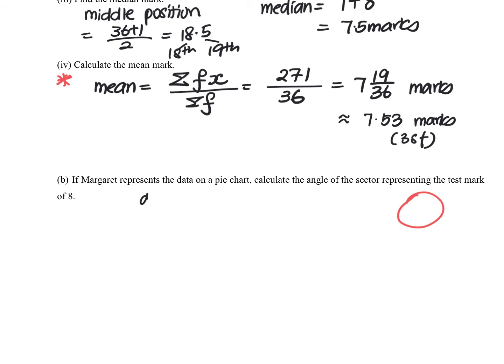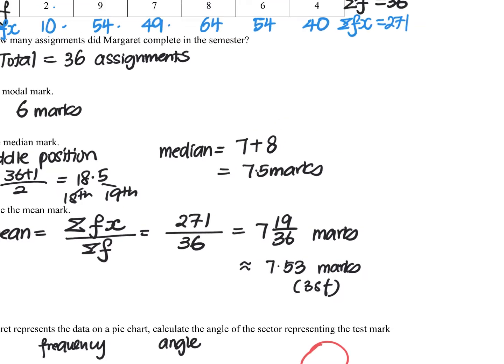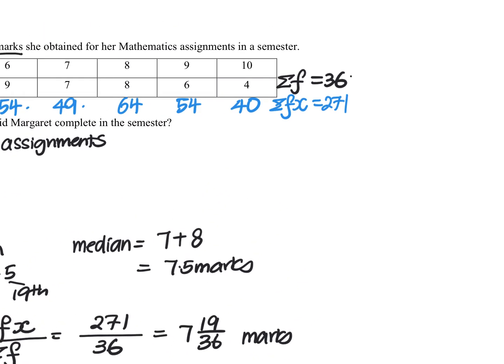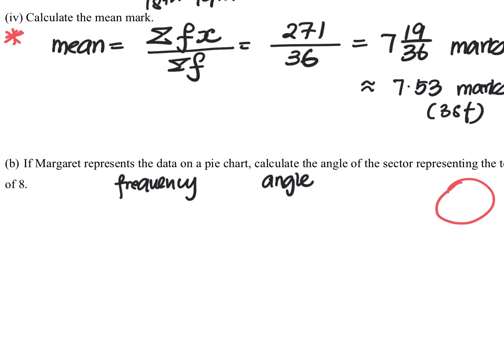We have the data value, or rather it's looking at the frequency, and the angle that it will represent. We know that the total frequency is 36. So 36 assignments represents a full pie chart of 360 degrees.